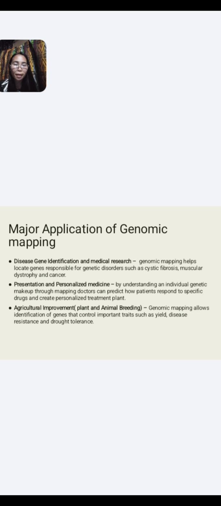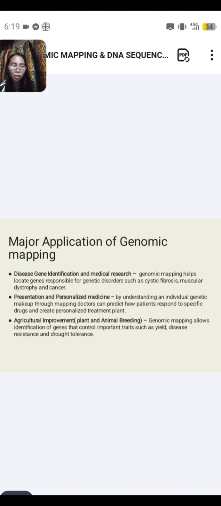Genomic mapping can help scientists locate the genes responsible for genetic disorders such as cystic fibrosis, muscular dystrophy, and cancer.